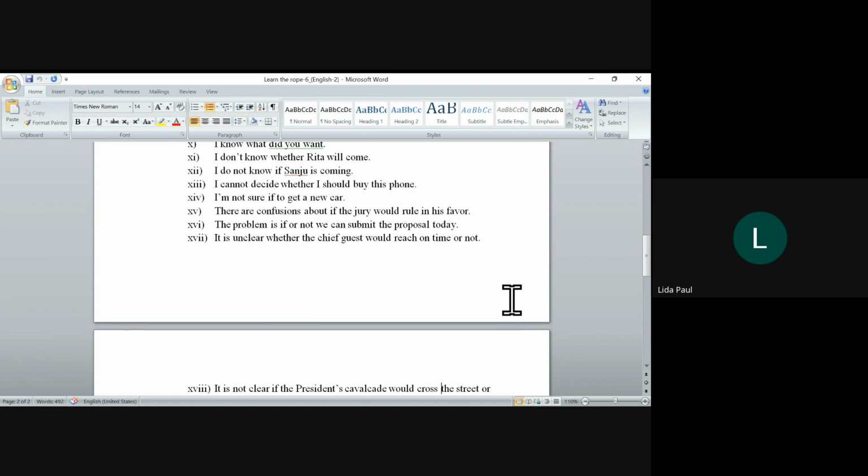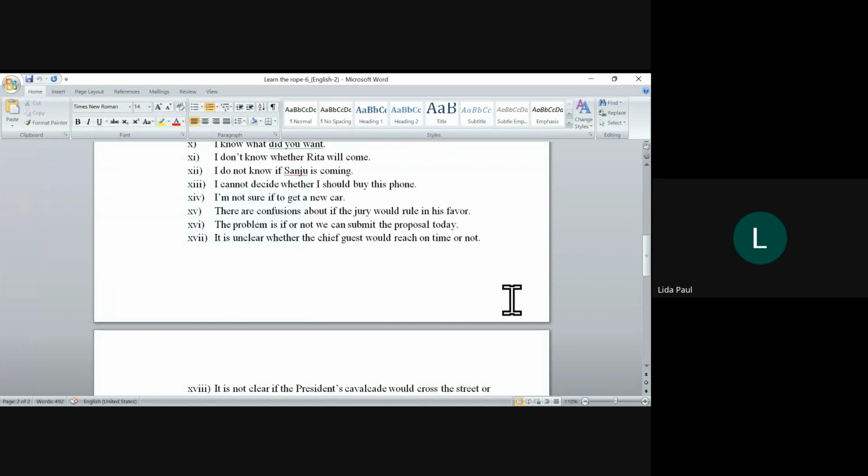So this is one example: I'm not sure whether to get a new car. To get is a to-infinitive verb, so you'll use whether over if. The 15th one: there are confusions about if the jury would rule in his favor.